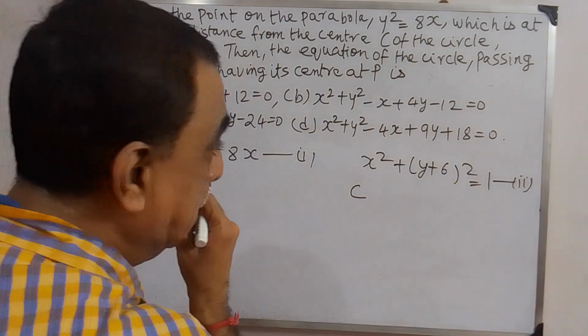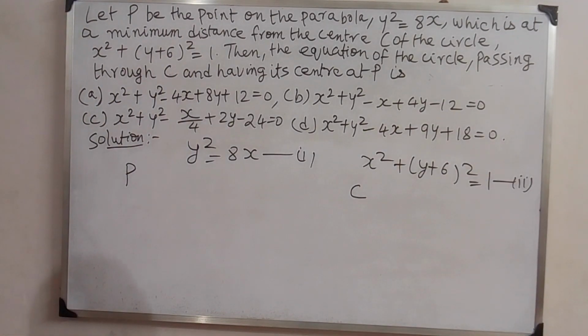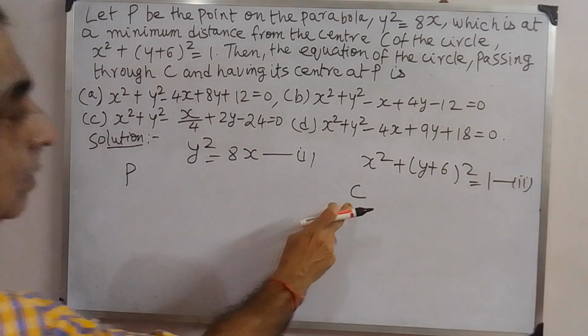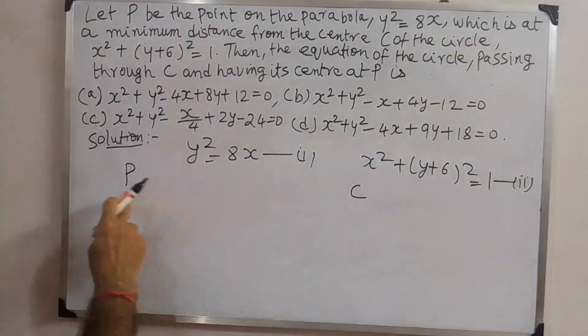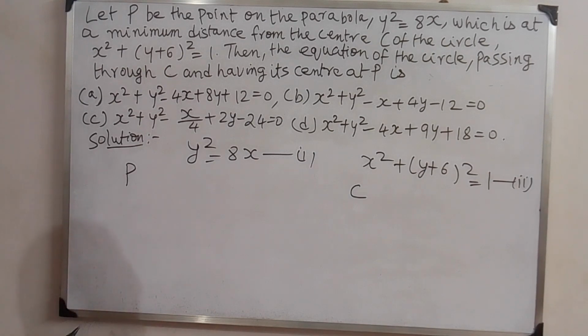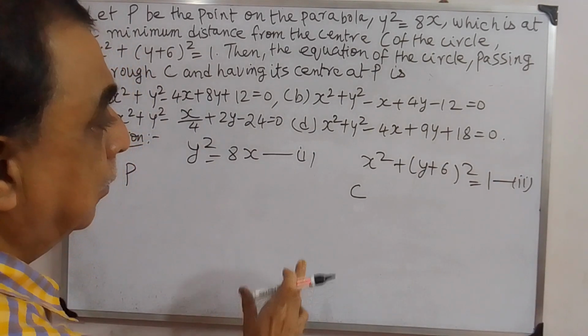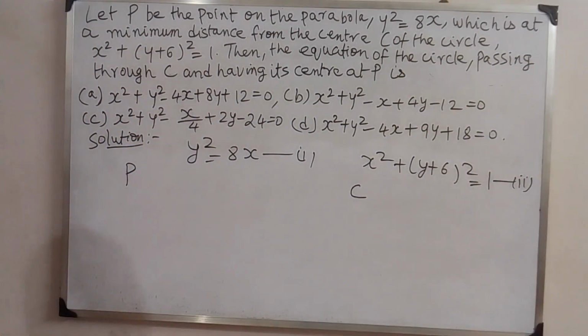And here it is being asked that we have to find the equation of the circle which is passing through the point C and whose center is at the point P.